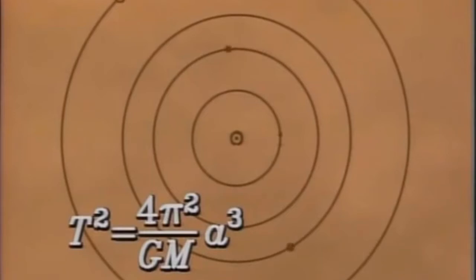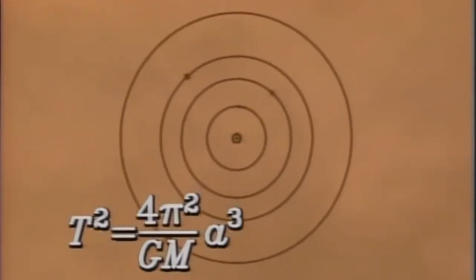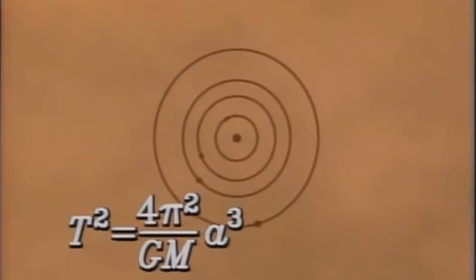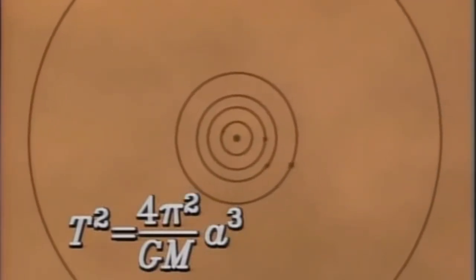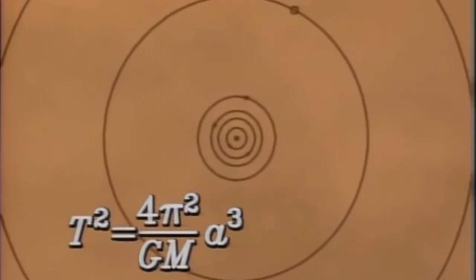His third law came 10 years later. It states that the square of the period of a planet is proportional to the cube of the length of the semi-major axis, and it reveals a connection between the motions of different planets.